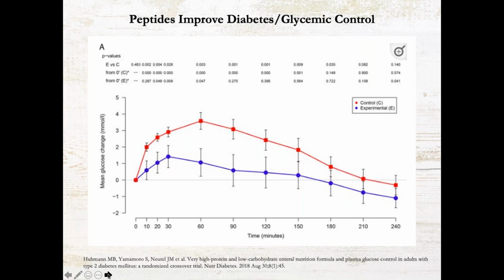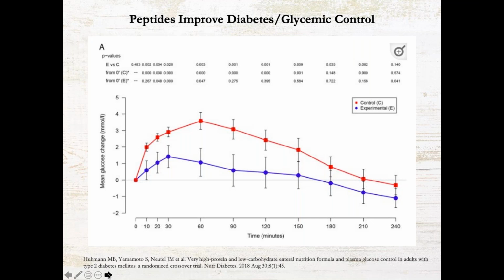If we start getting into other areas of medicine, such as endocrinology, and looking at how peptides influence insulin resistance in a diabetic patient, what's fascinating is that if you take a look at mean glucose levels, and again, I want everyone to understand that in this study, everything was identical between these two populations. You had one that was receiving the exact same enteral formula, but the protein, the percentage of calories, the grams of protein, all the ingredients were the same, except one was receiving a hydrolyzed form of protein, and the other was receiving a non-hydrolyzed form of protein.